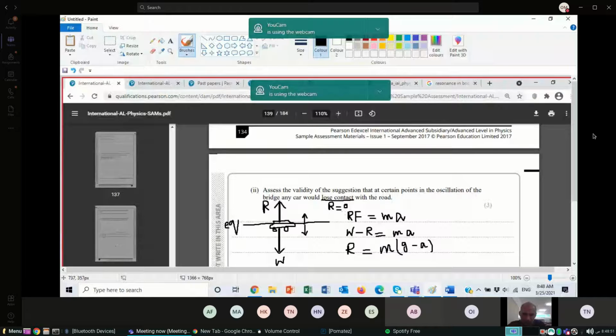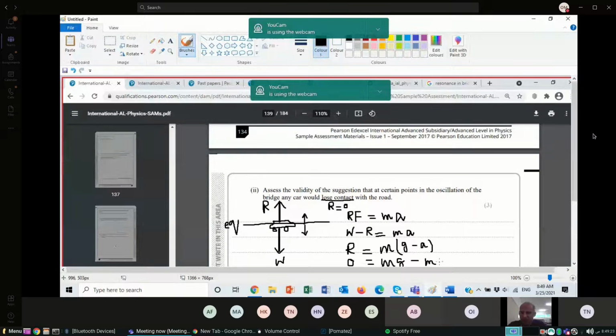You can write it as mg minus ma, so you can bring ma onto the left side. So mg would be equal to ma. This is also done in the oscillation chapter. So m gets cancelled. So a equals g. So acceleration equals g.